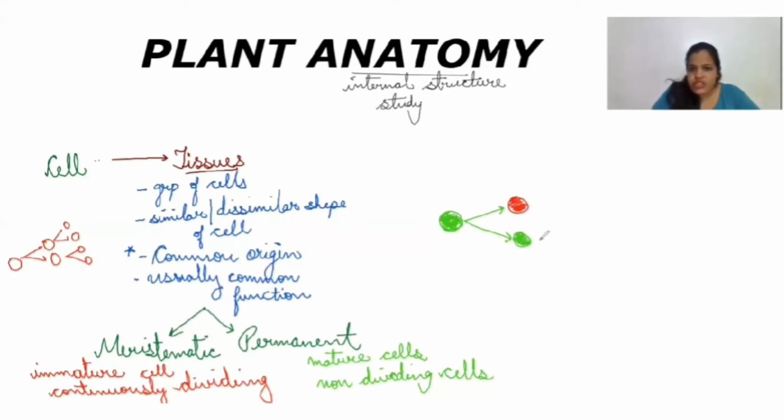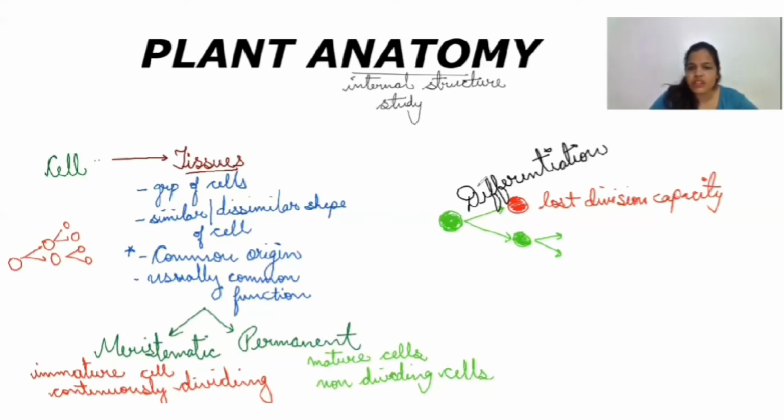Now, the cell which has division capacity will keep on dividing, but what about the red cell which has lost the division capacity? This losing of division capacity is done by the process which is known as differentiation. Differentiation.